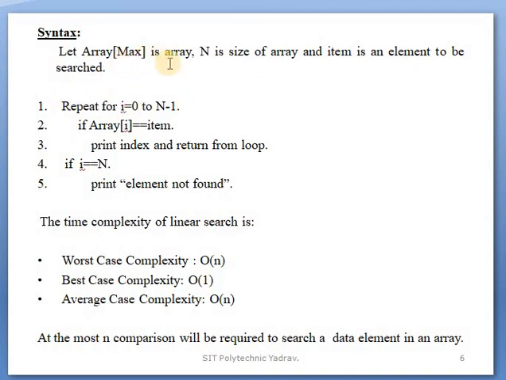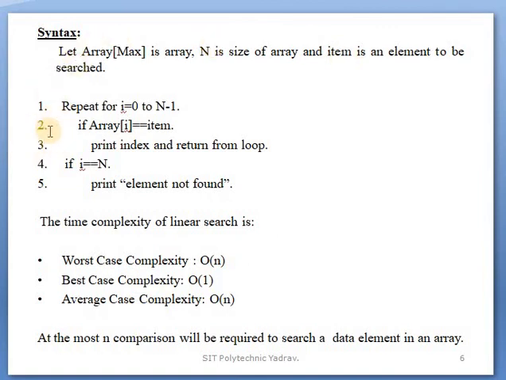Three variables are used. One, array max, the integer array, where max means the maximum number of elements in that array. N is the size of the array. Item is the element we are searching for.